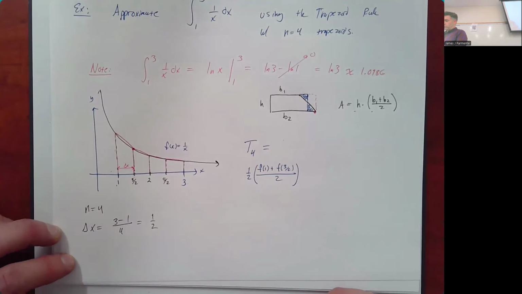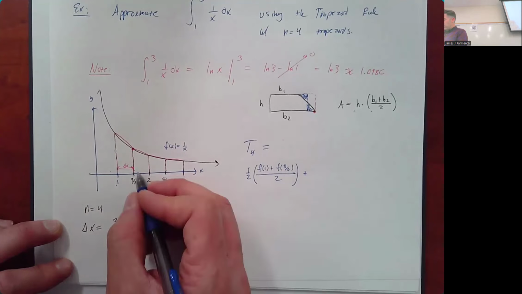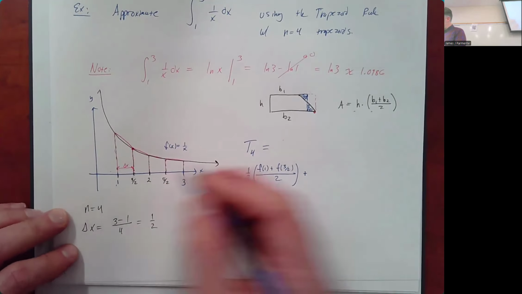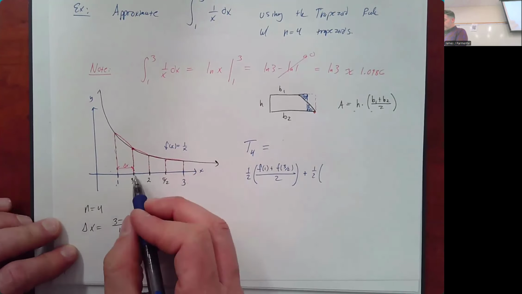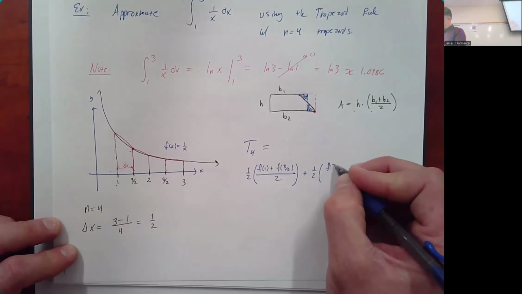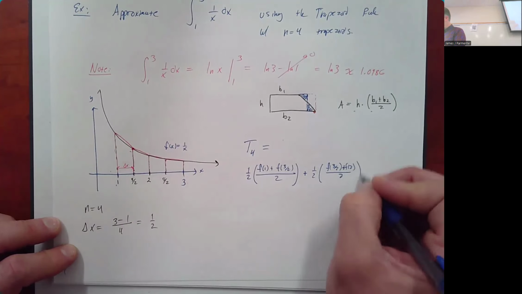There's my first trapezoid area. Plus, I'm going to do the same thing for the next one. It still has a height of 1/2, and the average of the bases is going to be this plus that divided by 2. So it's going to be f of 3/2 plus f of 2 divided by 2.